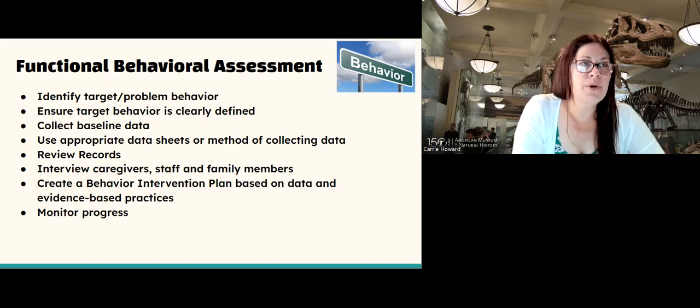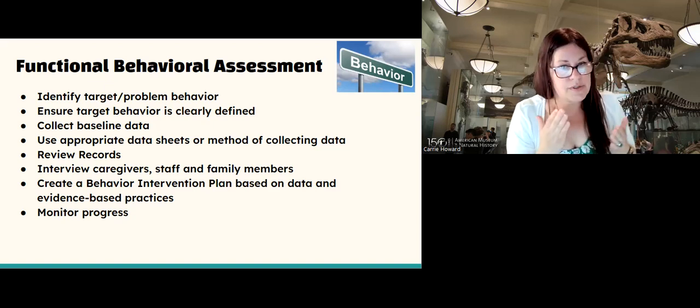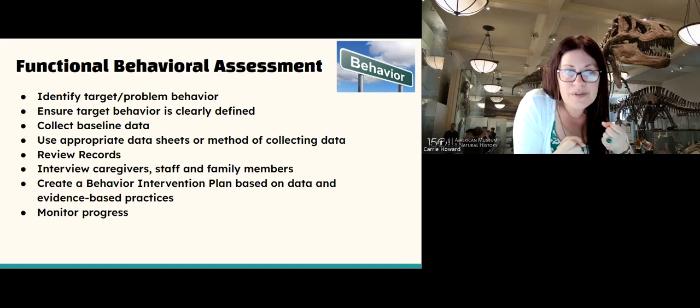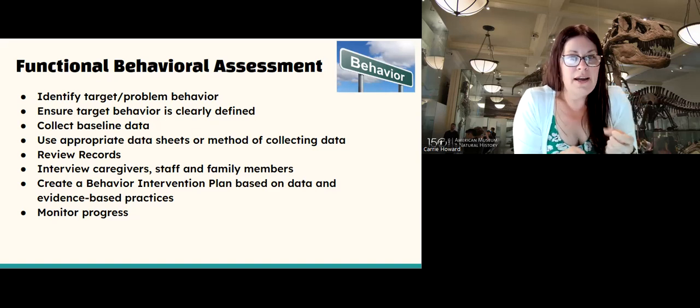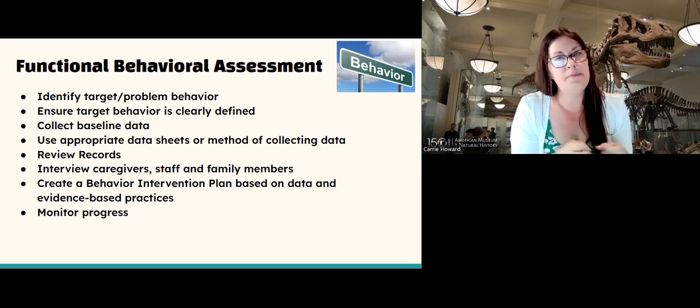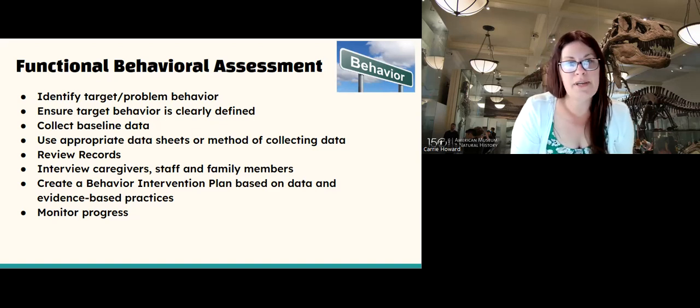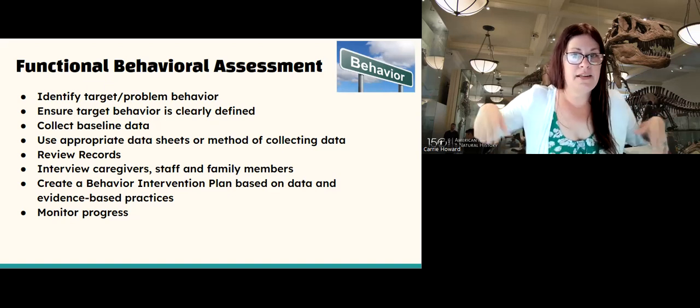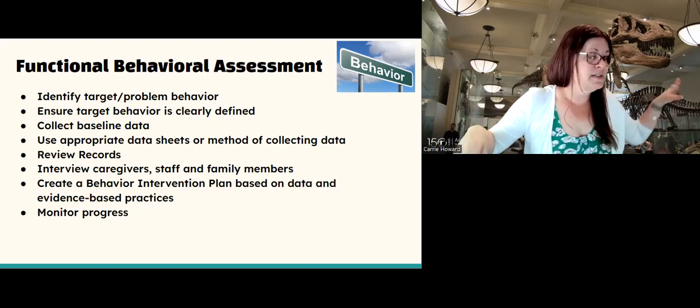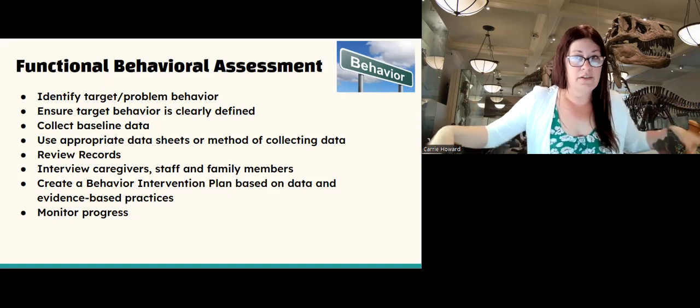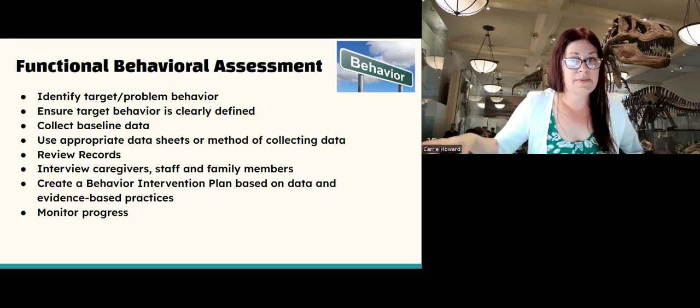An example for this student in particular is putting his nose on people up close, or he goes up to people and squeezes their arms really tight because he wants that sensory input. He also gets very excited and he starts clapping his hands, which could sometimes hit other students that are in close proximity to him.